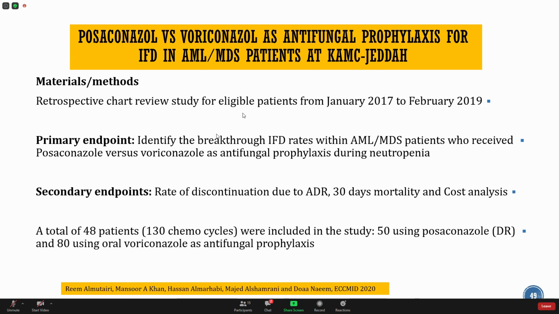This was the primary endpoint, and the secondary endpoint was discontinuation due to ADR, and we had a total of 48 patients. By the way, this is the third study comparing voriconazole versus posaconazole, and this study has drawn huge attraction from international infectious disease societies, and people from the US and North America contacted us for the manuscript and detailed information, because there is not much data on the comparison between posaconazole versus voriconazole.